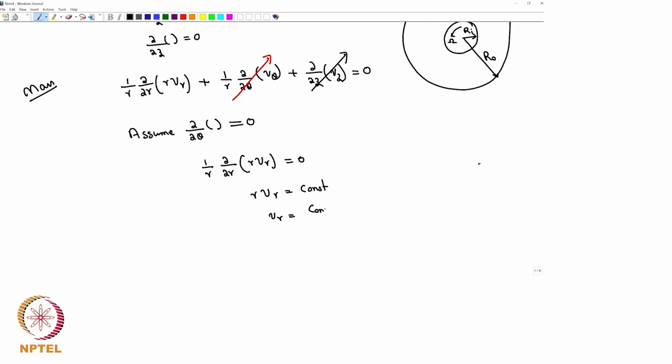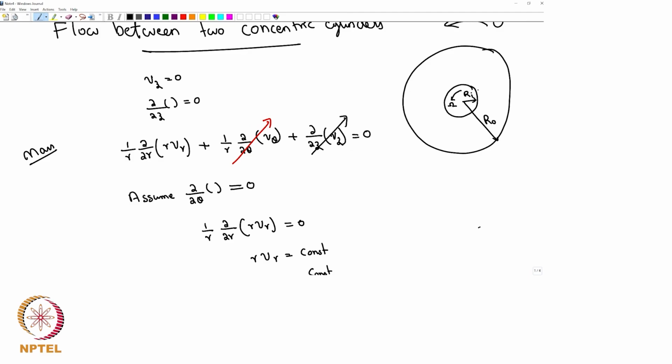So if you integrate it, you get r Vr is a constant, or Vr is equal to a constant divided by r. Now in order to evaluate this constant, we need to have some physical insight. So what should be the value of Vr on the surface of the inner cylinder?